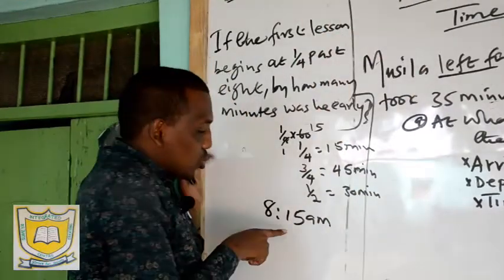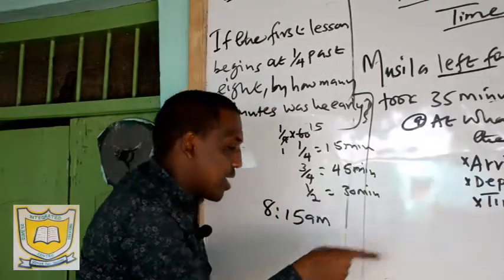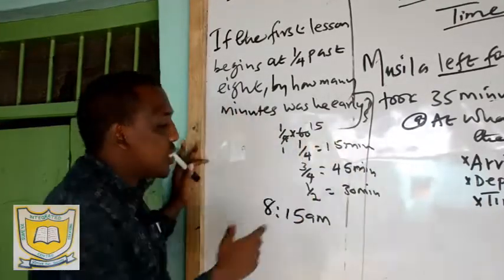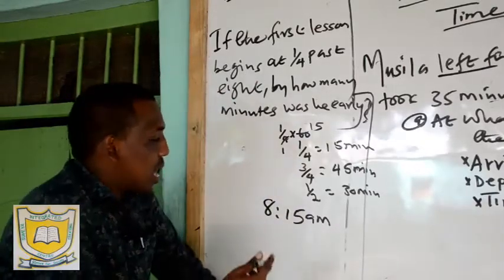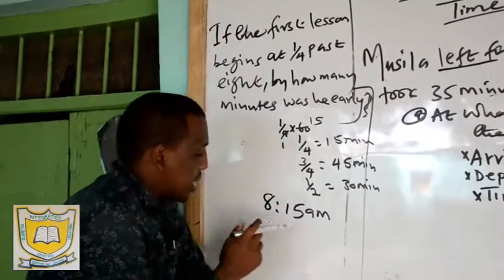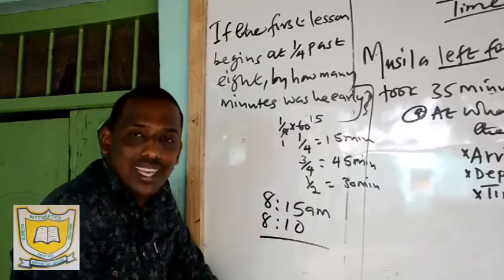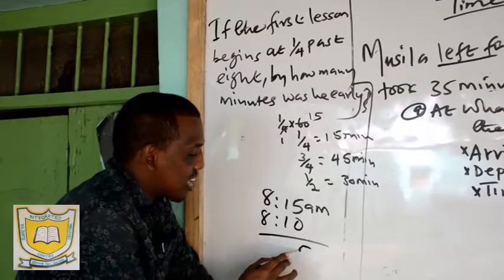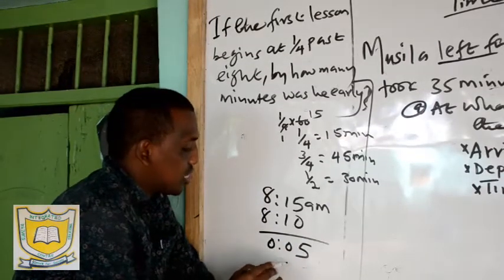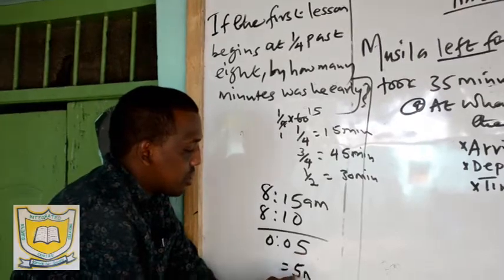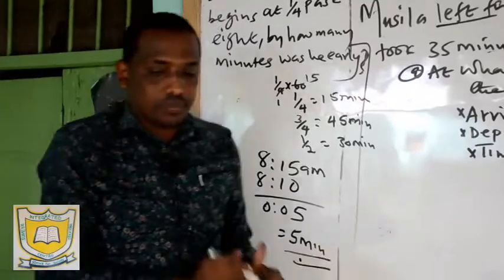If the lessons begin at this time and he arrived at 8:10 a.m., he was just 5 minutes early, obvious. We subtract, 8:15 minus 8:10, so it is 5 minutes. He was early by 5 minutes. That is how we solve.